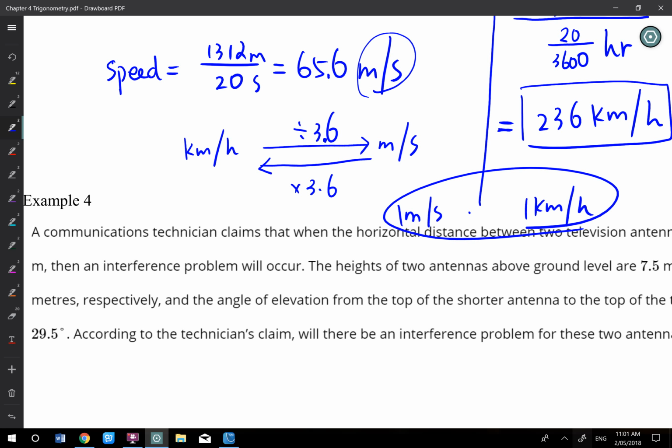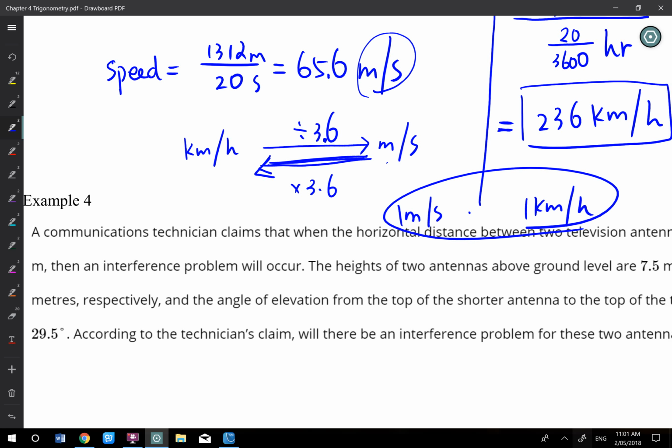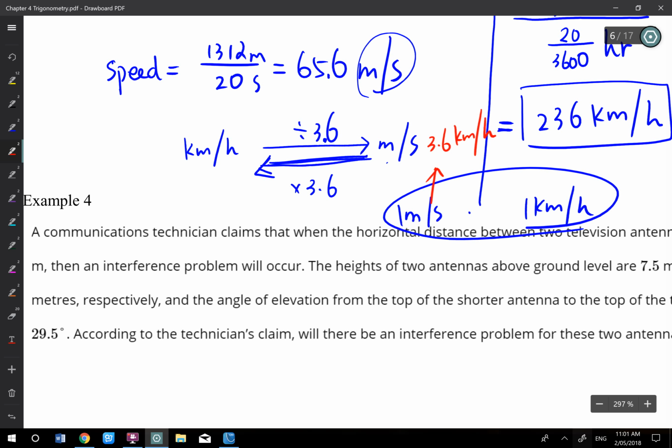1 meter per second, we times 3.6. So this actually will give you 3.6 kilometers per hour. It's a much faster speed for 1 meter per second. Or you can think in this way.